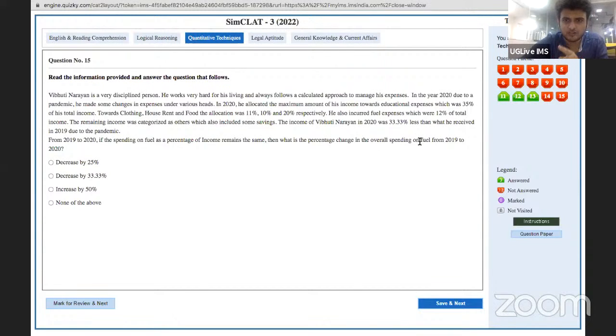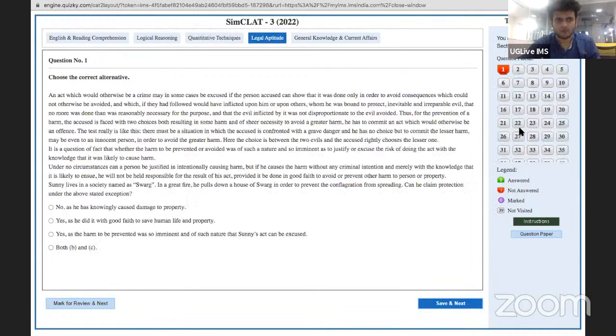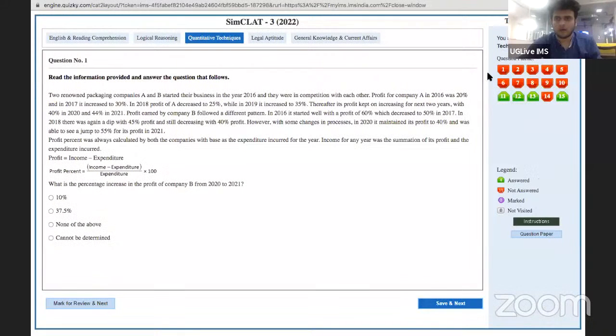What is the percentage change in overall spending on fuel from 2019 to 2020? ठीक है, income कितना हो रहा है? 2020 was 33% less than what he received in 2019. अच्छा, spending दोनों में same है. तो जितना income change हुआ है उतना ही I think fuel भी change हो जाएगा, मतलब spending on fuel भी change हो जाएगा. So income in 2020 was 33% less. ठीक है, simple plain question. ठीक है, अब ये हो गया.